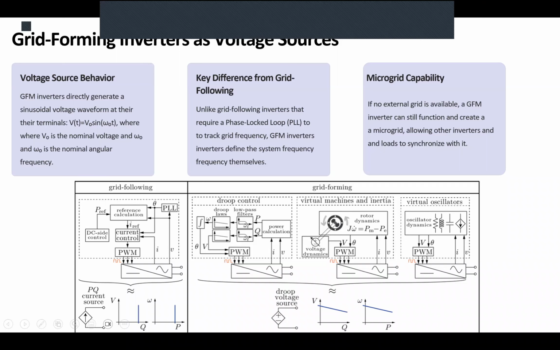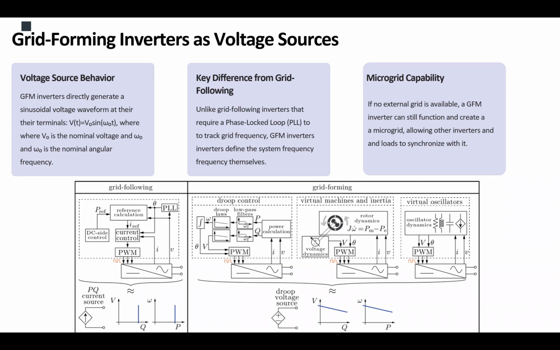Now, one thing that we mentioned, and you might have heard or read on the internet, is that normally they consider grid following inverters as a current source and grid forming inverters as a voltage source. It's not a very good way, to be honest, to represent these, but I want to explain why they do that. They represent grid forming inverters as a voltage source because they try to stabilize the amplitude and frequency of the voltage.